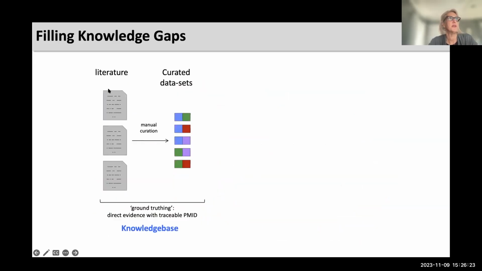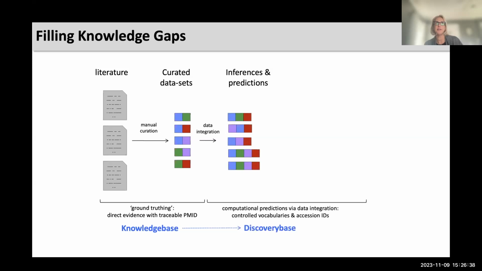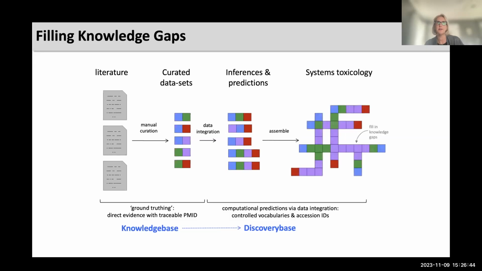So I'll just end with an overview of what we're providing from CTD. Again, the curated content is coming from the literature. We're manually curating that into, behind the scenes, these kind of binary data sets, and then pulling them into more complicated, complex inferences that can really be used to support a systems toxicology approach.